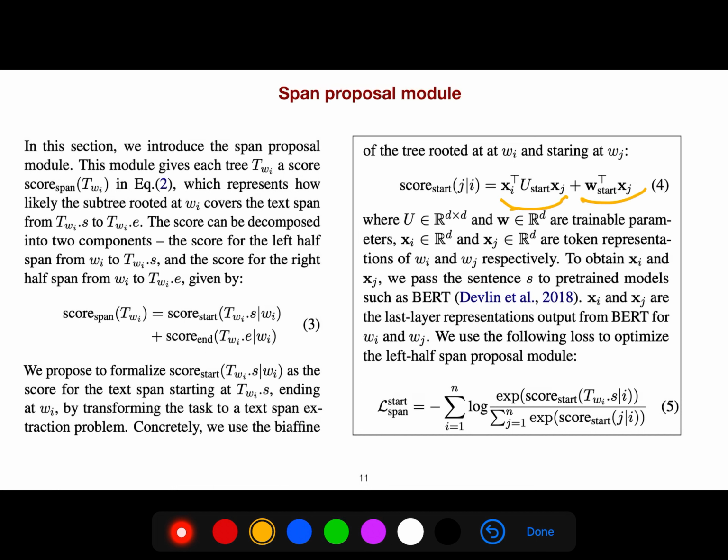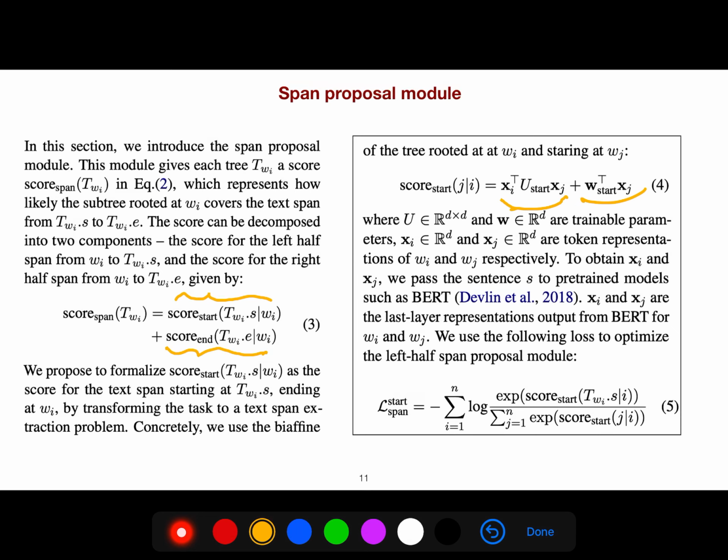This is the score of j given i, and the start is the root. It starts from the start. So we know that the score of a span, we can write it as score of start, and score of end. And for example, all of them are similar.